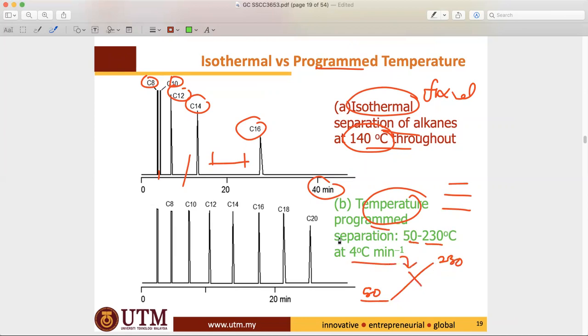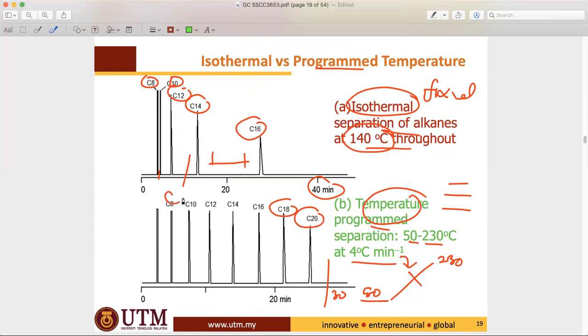When you do this temperature programming, you would see that the analysis is shortened. It becomes about 30 minutes here. And you would see the presence of other compounds as well, C20 and C18.